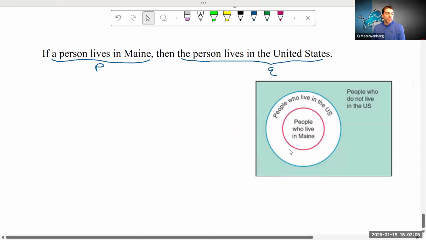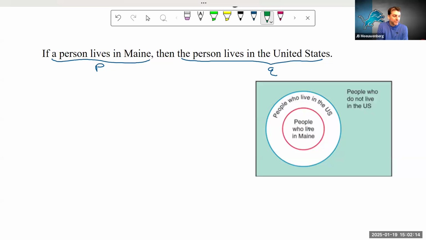So if we view our universal set as everyone, just people in general, you have people who live in Maine, also live in the United States, but then you have everybody else in the world, other people, the complement, if you will, are the people who do not live in the United States. So they're out here. So let's first examine the converse statement.